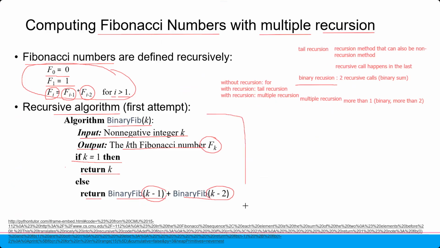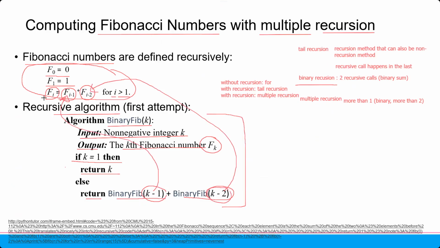Now, if you see this one, is it good? It seems good because this function is the same as this formula: i minus 1, which is k minus 1, and k minus 2, which is k minus 2.